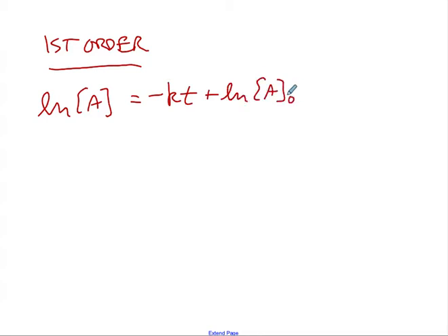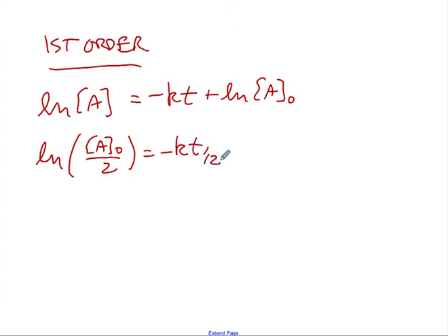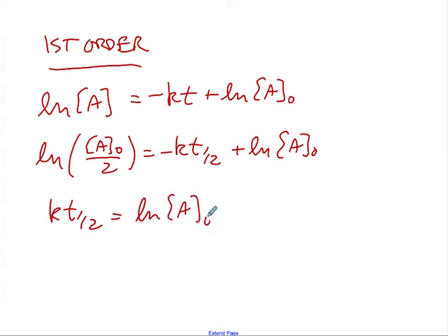I will substitute in place of concentration half the initial concentration. And in place of T, T1/2. I will rearrange: kT1/2 is equal to the natural log of the original concentration minus the natural log of half the initial concentration.